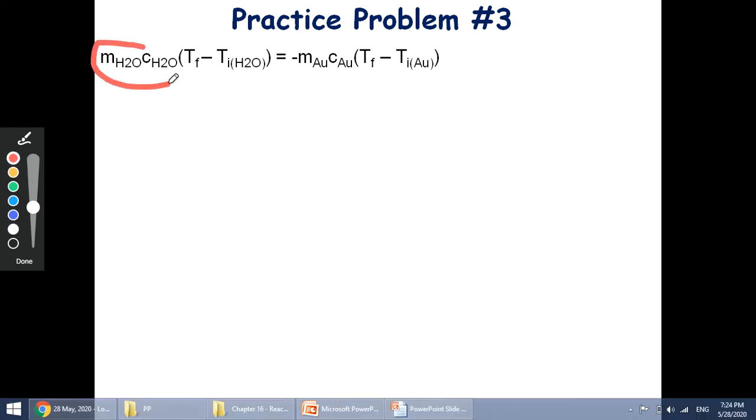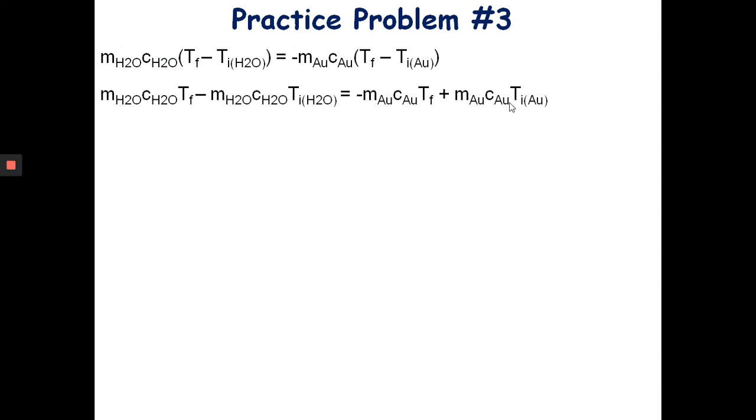I'm distributing this one into Tf and also Ti, and distributing this one to the Tf and Ti, because that's the only way to get rid of the bracket, right? So once you do that, you get this. And then I'm going to have to solve for the Tf. So I'm going to move the terms containing Tf to one side, and the terms not containing Tf to the other side.